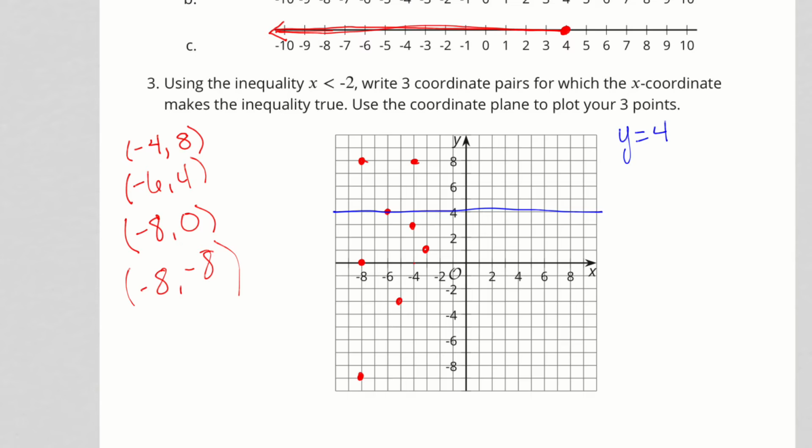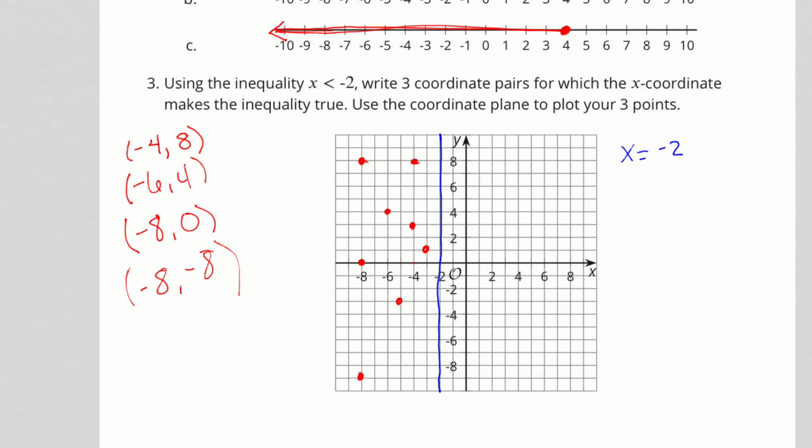Okay, so if we have x equals -2, what am I going to do with that? Draw a line over the -2. But it's not equal to -2, right?